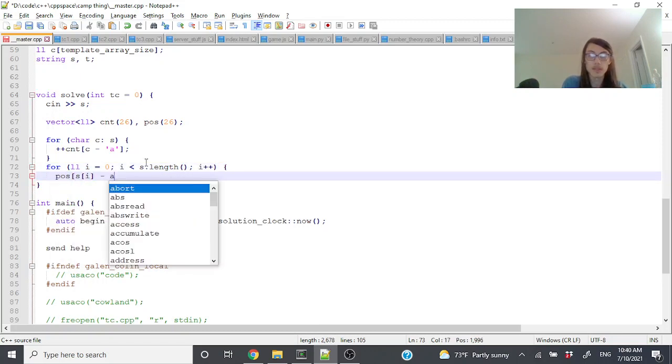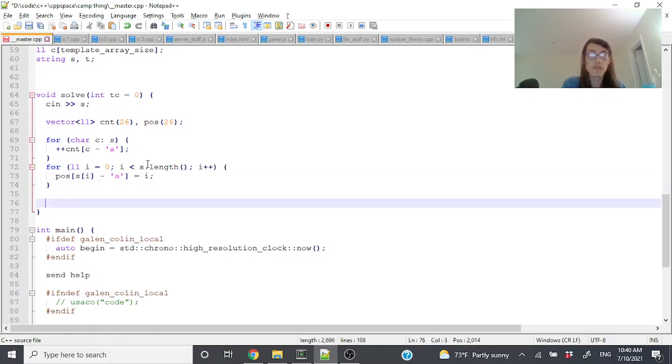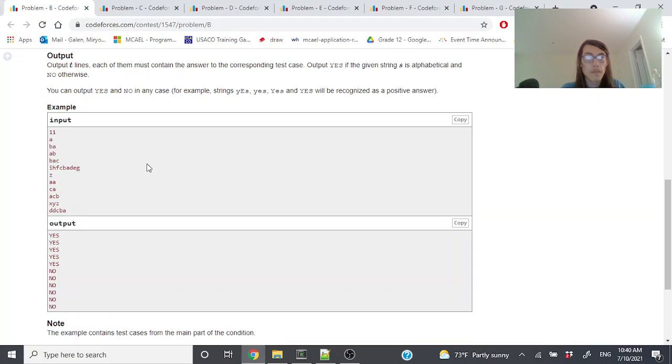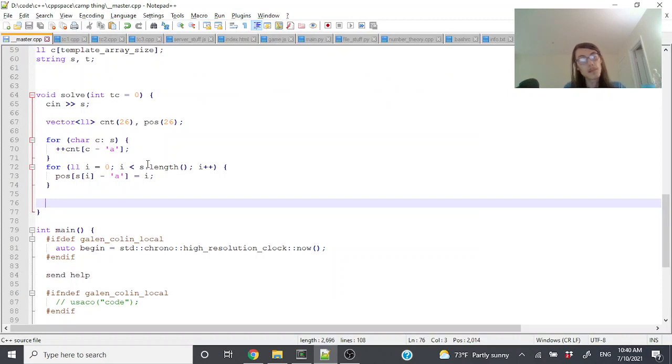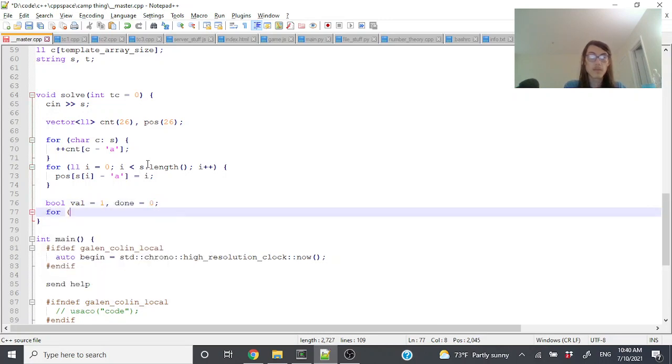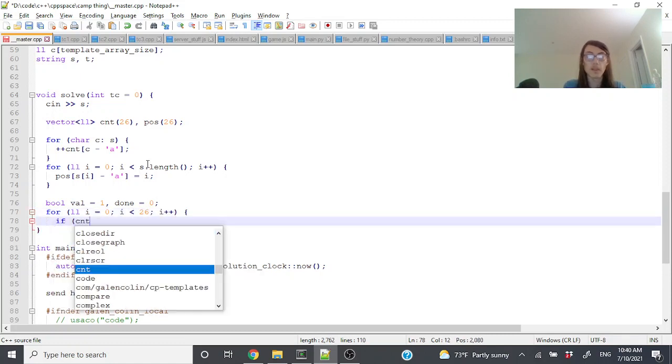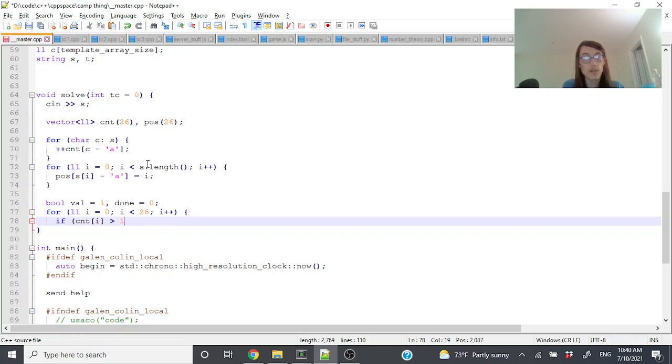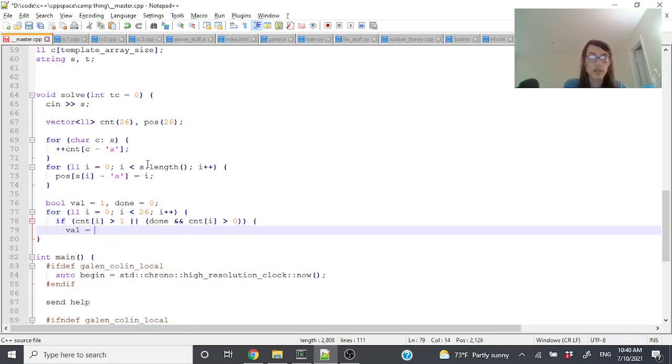Pause si minus a. Okay, so if count I is greater than 1, or done and count I is greater than 0, val is equal to 0.